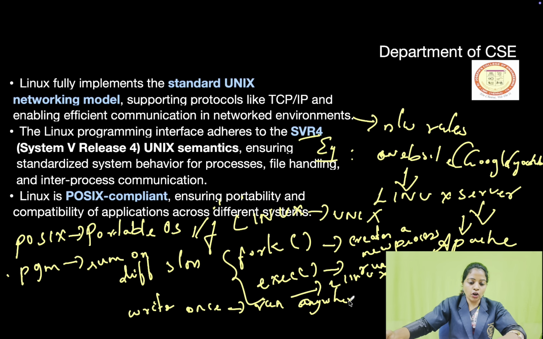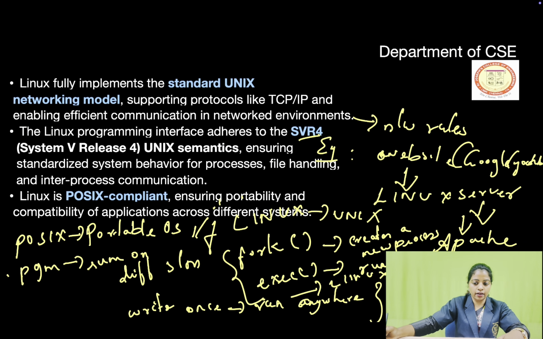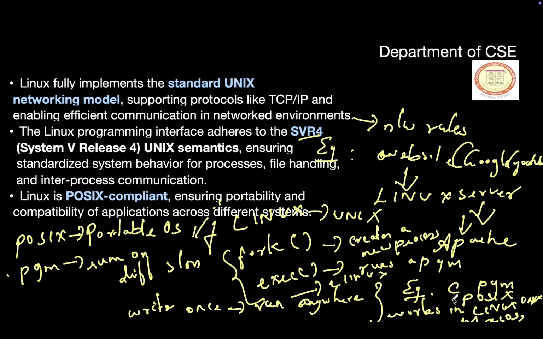For example, if you write a C program using POSIX, it can work on Linux as well as Mac OS and Unix. So it can run everywhere.